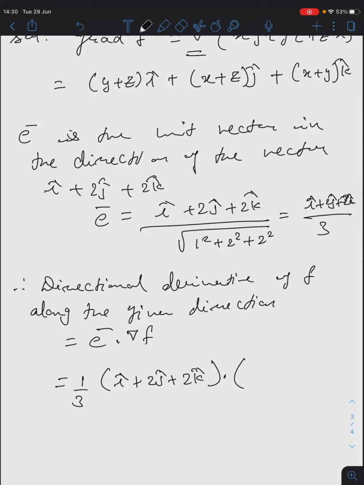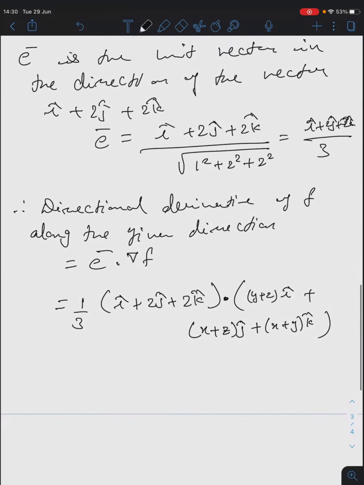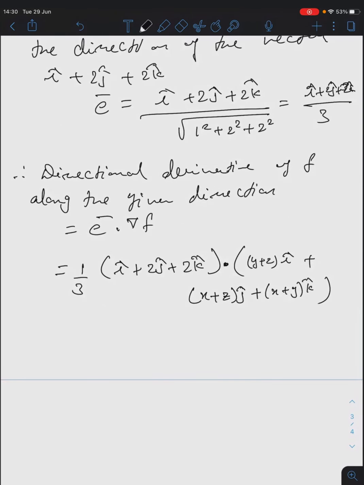What is del f you have got? Del f is y plus z i cap plus x plus z j cap plus x plus y k cap. Now you have two vectors where you are taking the dot product. So for i dot i only you will get the value. Is it or not? For j dot j only you will get the value. Remaining terms will be 0.